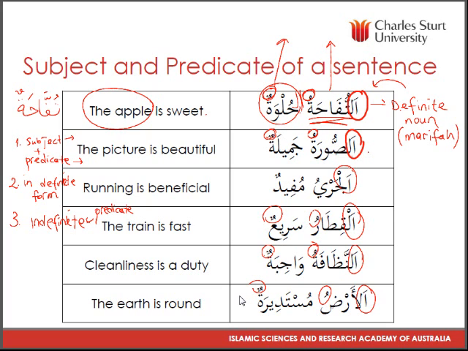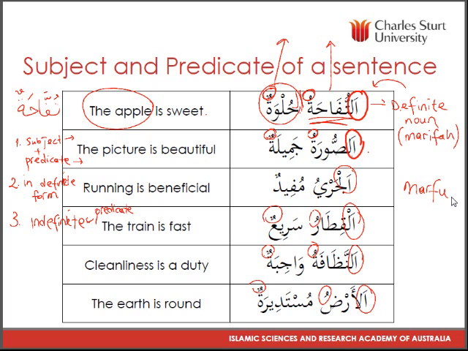Is there a reason why it's always a dhamma? Yes, because it is marfu in Arabic. You'll learn later on what it means. Just keep in mind that subject and predicate are marfu, and if it is just singular, it means there is dhamma at the end. What about if it's plural? It will change. The concept will change.